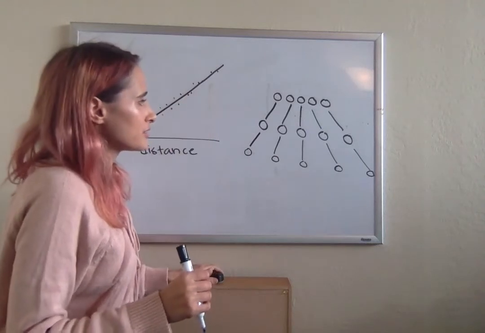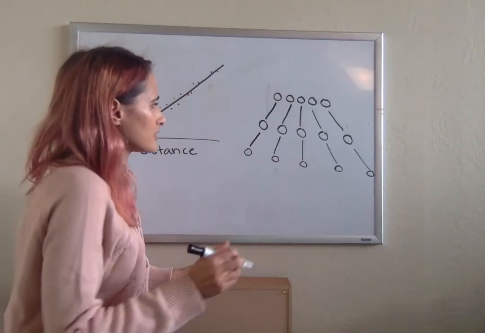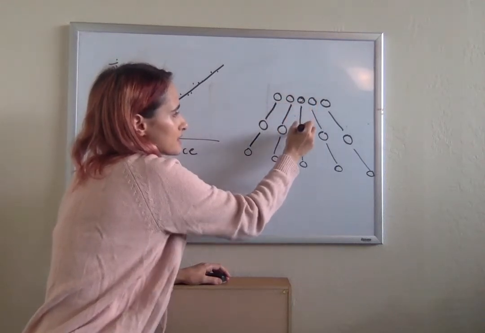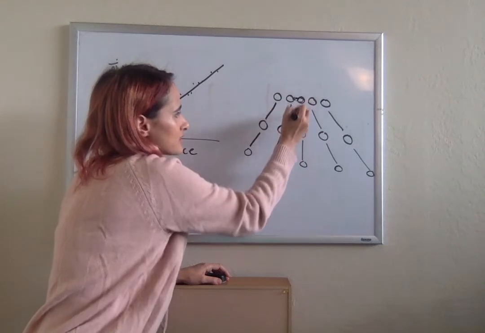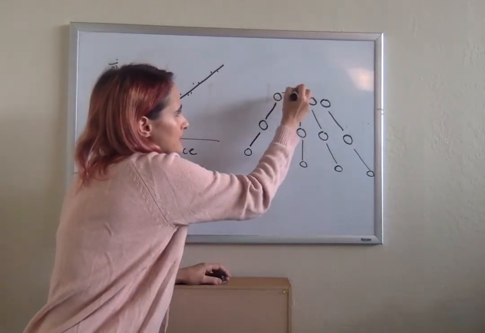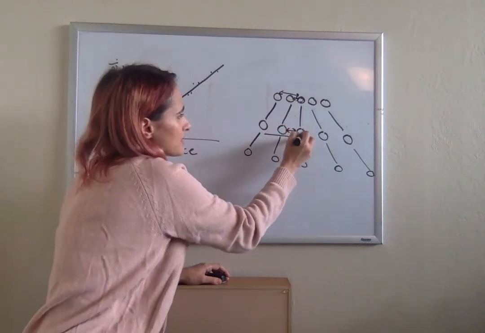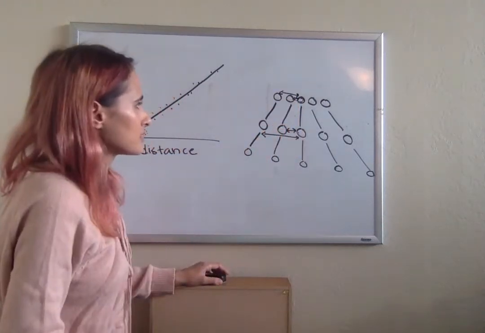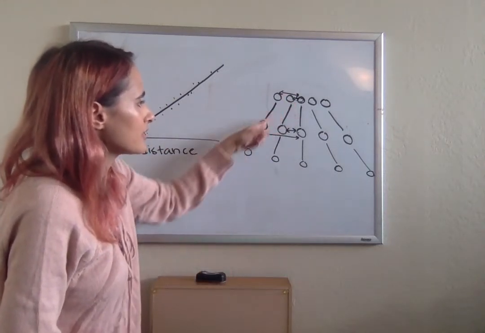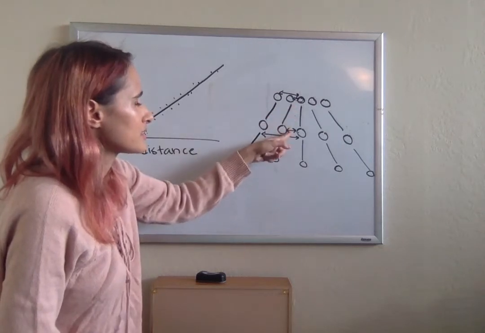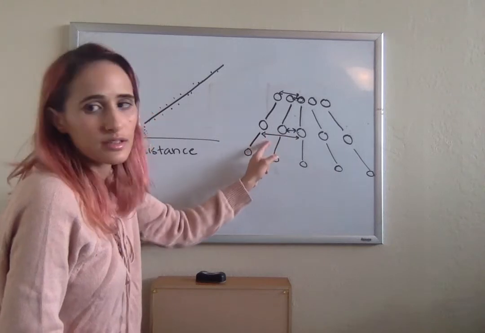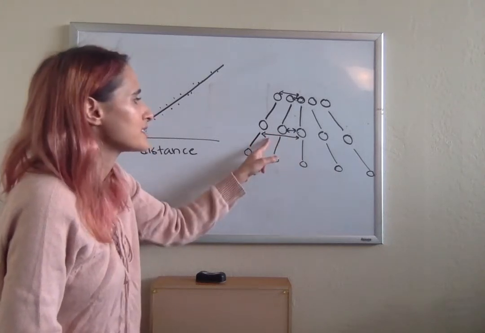So as we go from here to this time, this distance grows to this distance. In the same time, this distance grows to this distance, right? So this is a bigger increase than this. So this guy has to be moving faster to move a farther distance in the same time, right? This guy only moved a little bit. This guy moved a lot.